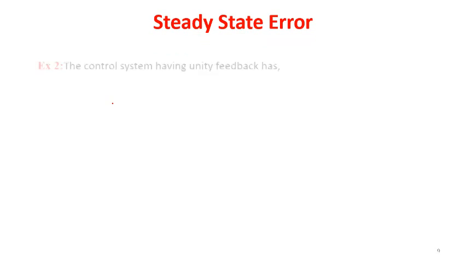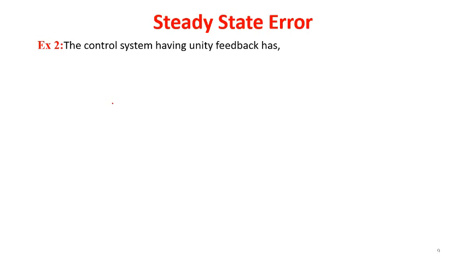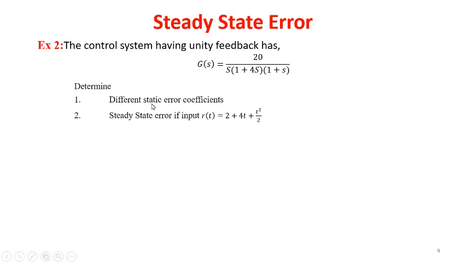Let's solve one more example. Example 2. Here the control system has unit feedback. It has g of s equal to 20 by s (1 plus 4s)(1 plus s). Determine first the different static error coefficients, like what we did in the previous problem.